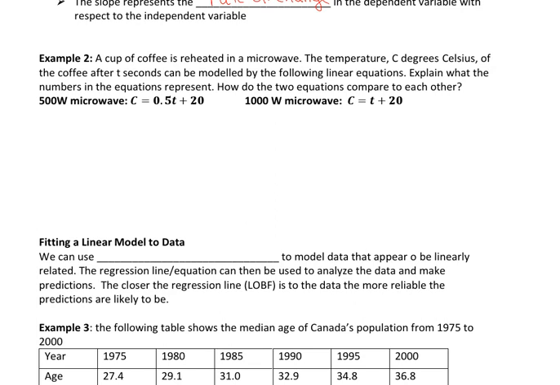So, explain what the numbers in the equation represent and how the two equations compare to each other. 0.5 is the rate of change in the first equation. How about in the second equation? What would be the rate of change?